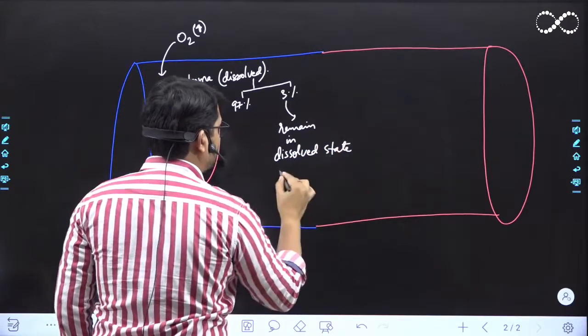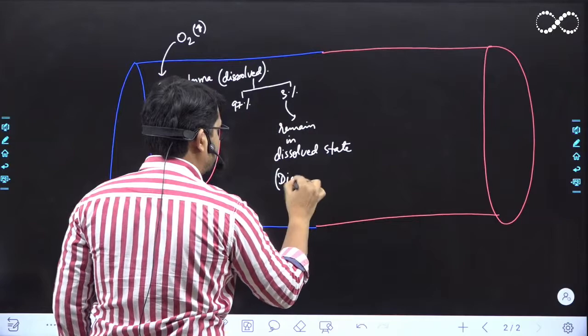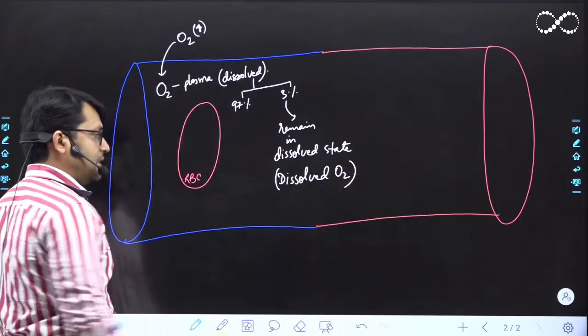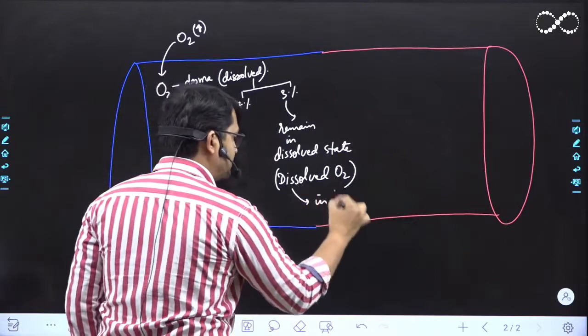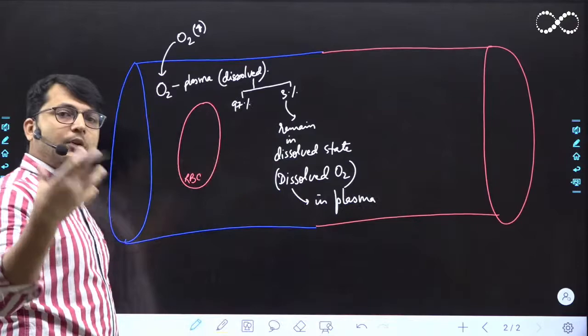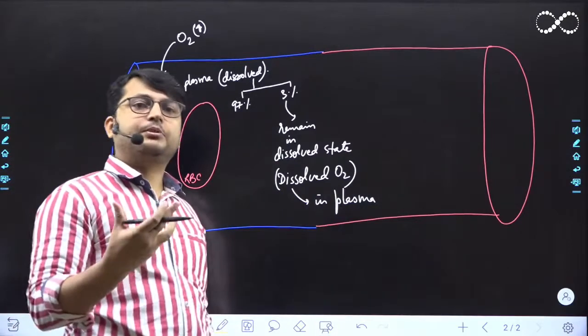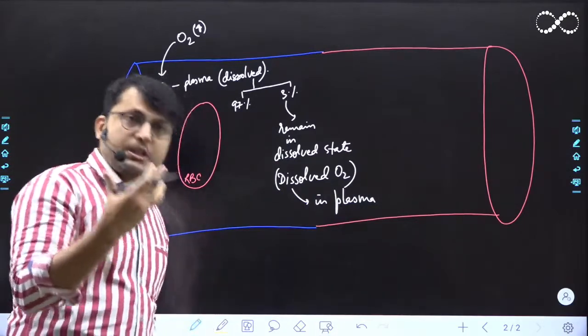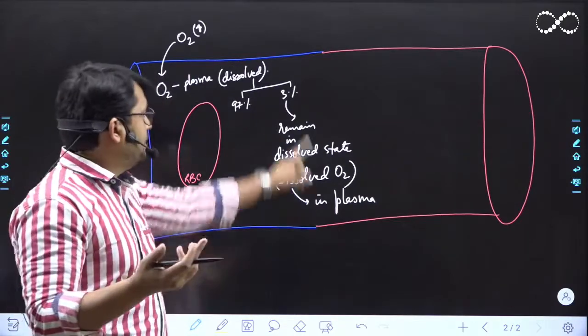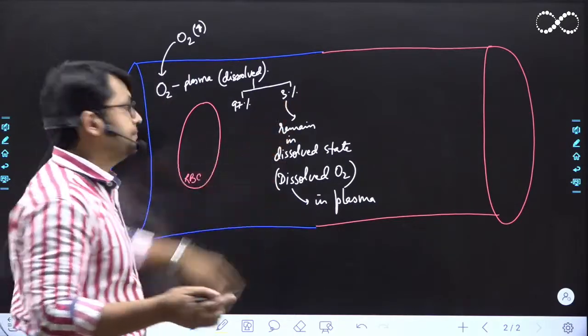Okay? और इसको हम लोग बोल देते हैं क्या? Dissolved oxygen. Simple. And this will be in plasma. Got it? इससे क्वेश्चन पूछा जाता है कि how much amount of oxygen is transported by plasma in the form of dissolved oxygen. The answer will be 3%. Okay? 3%.